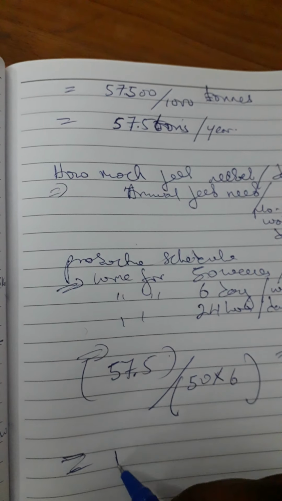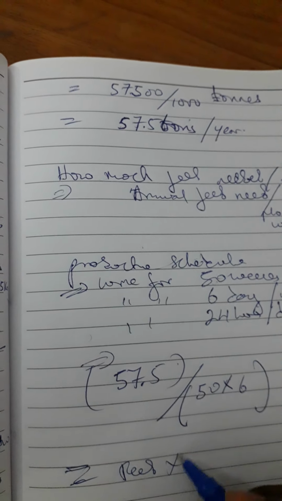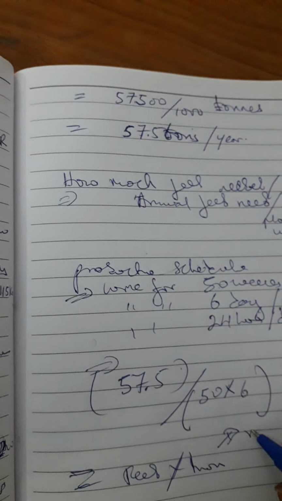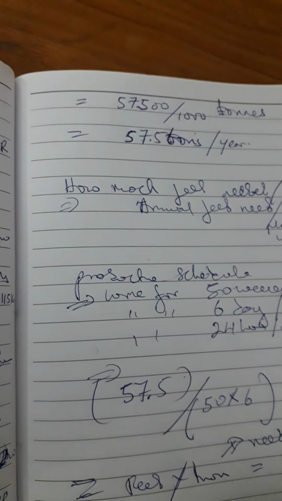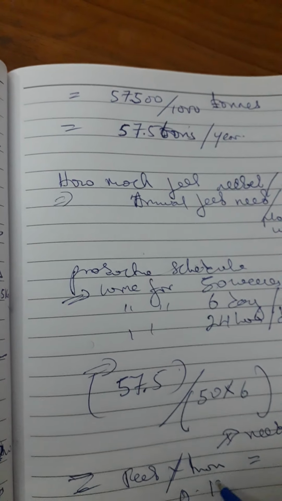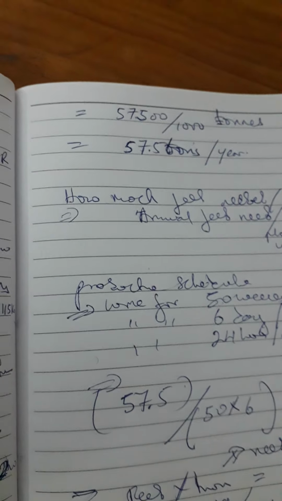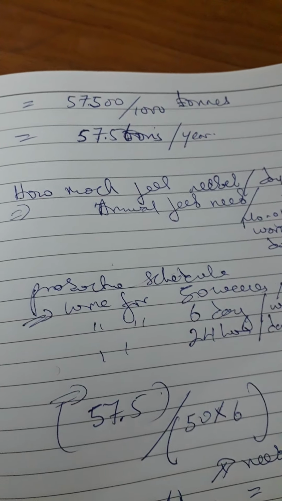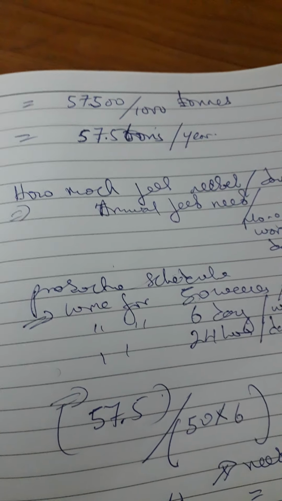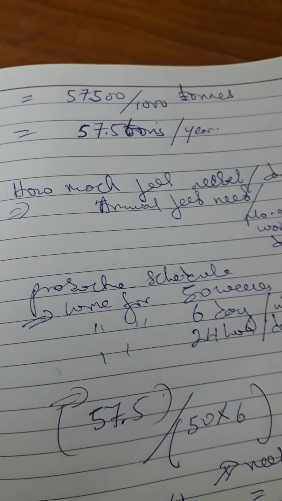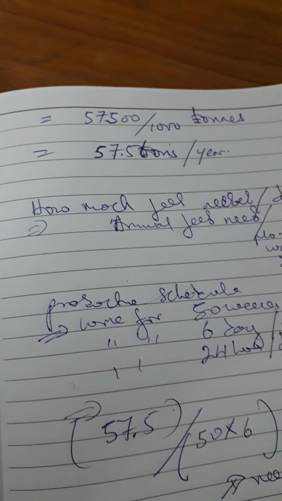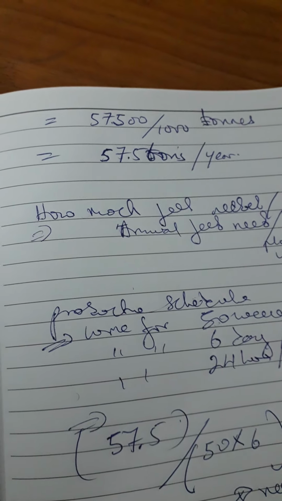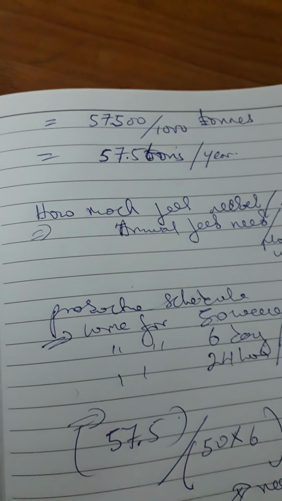So feed per hour, which is needed now, will be given by 0.19 divided by 24, which gives you 0.007, I would say 8 tons per hour.